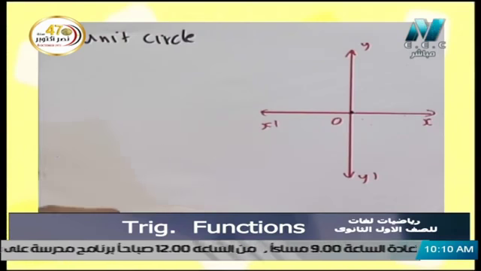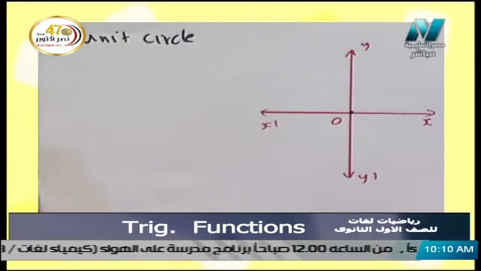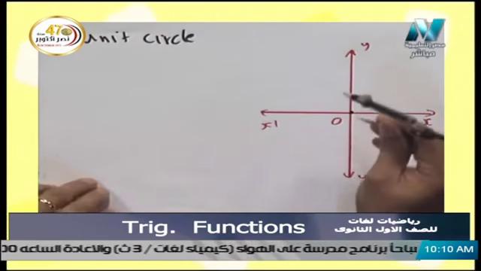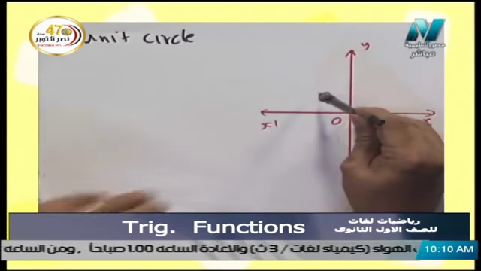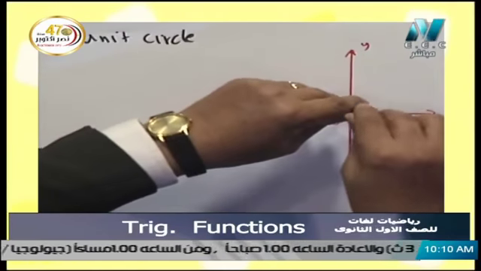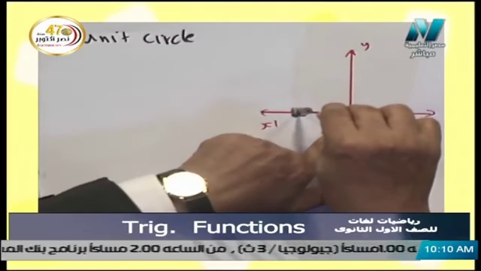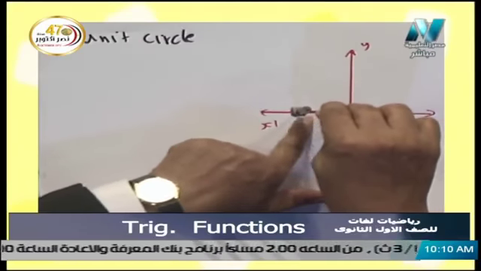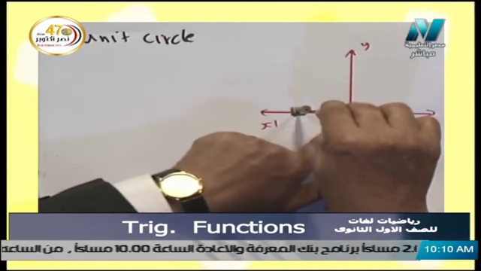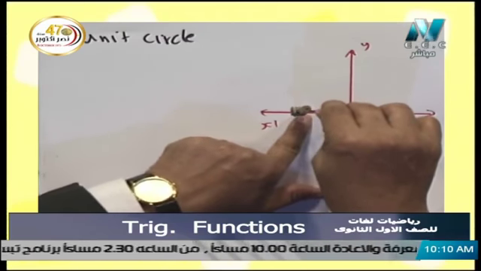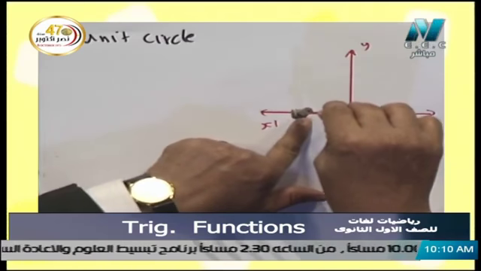And if we have a compass here to draw a circle, we have a very important condition for this circle: the radius equals 1. One what? One centimeter, one meter, one kilometer; finally we just call it 1.